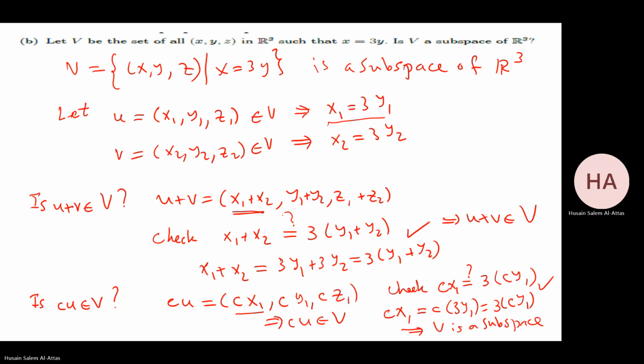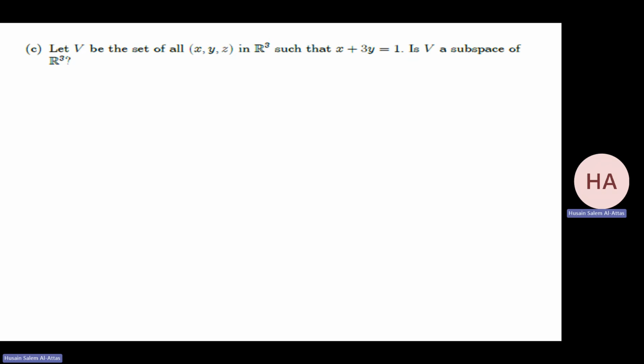Okay. Let V be the set x plus 3y equal to 1. So this is my set, all (x, y, z) such that the first component plus 3 times the second component is always equal to 1. Is this correct? Always?